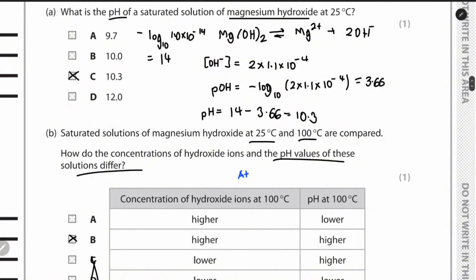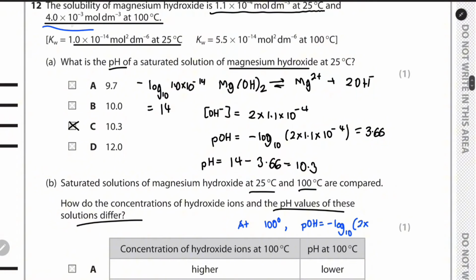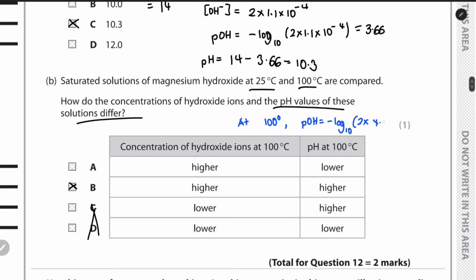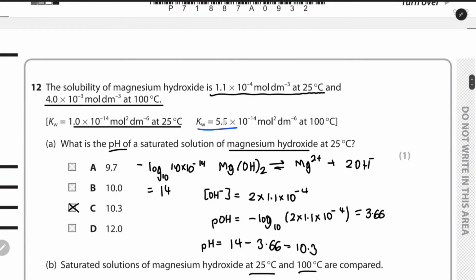For at 100 degrees Celsius, the pOH will be minus log base 10 times 2 into this concentration. So 4 into 10 to the power minus 3. This will be 2.10, and the pKw value will become minus log base 10, 5.5 into 10 to the power minus 14.